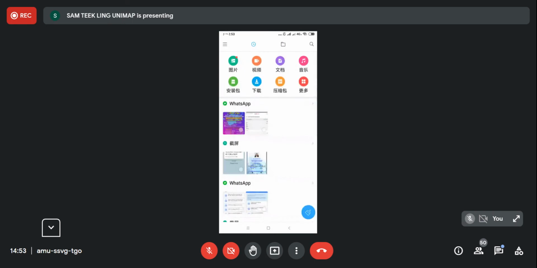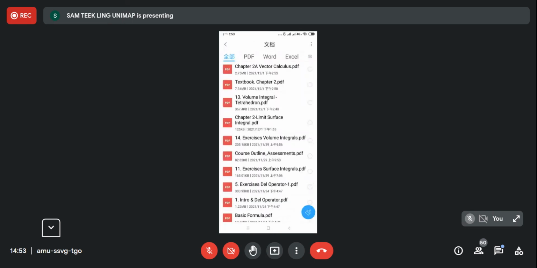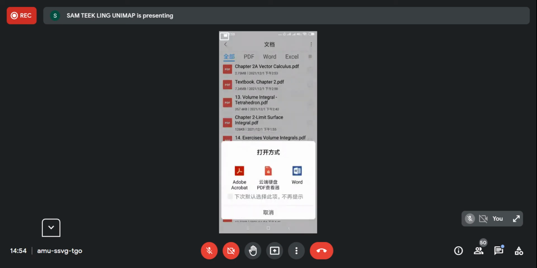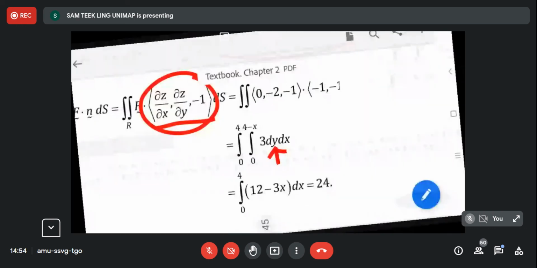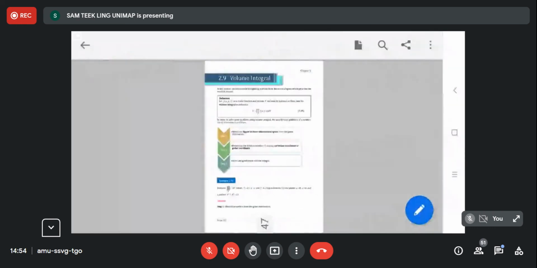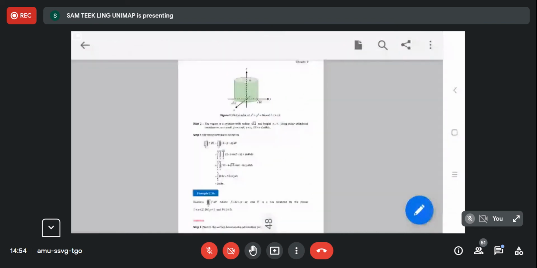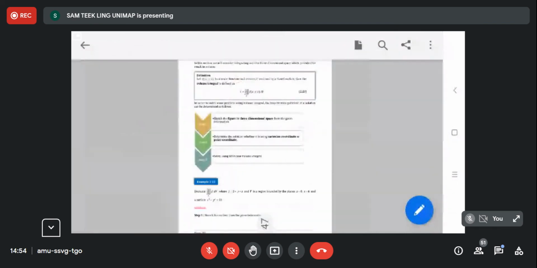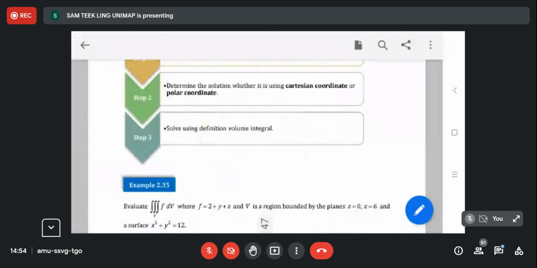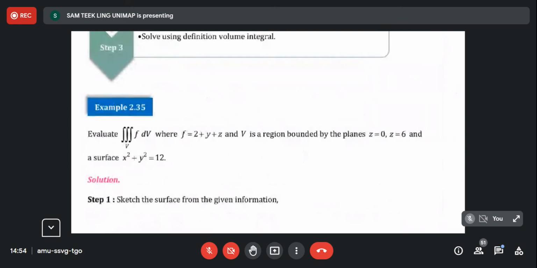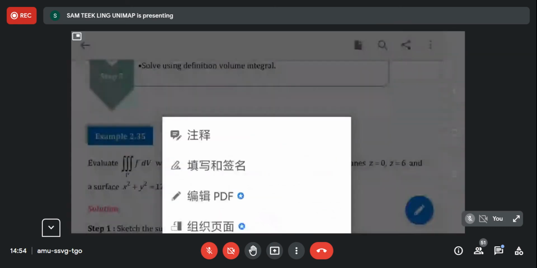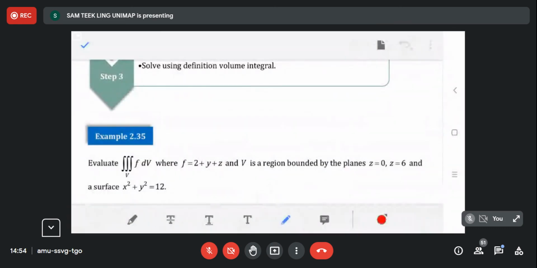So the second one is your textbook cylinder. Now the cylinder we apply to volume. You can see the question for volume is more direct. You can see they will get this volume dV.